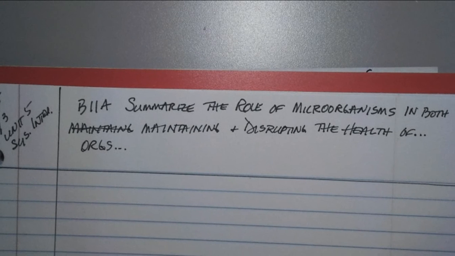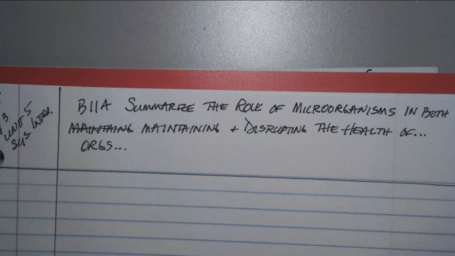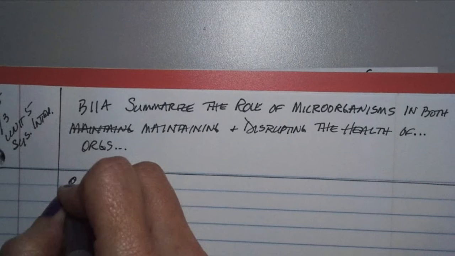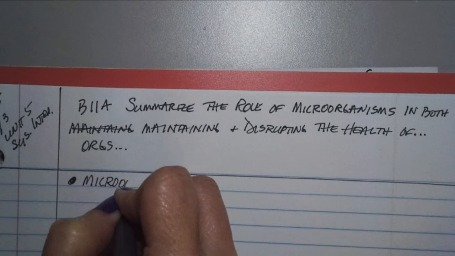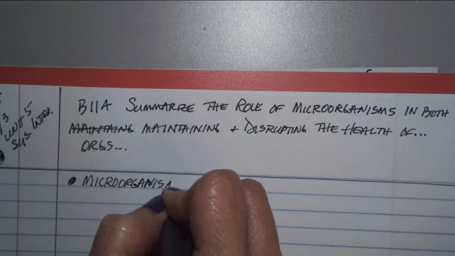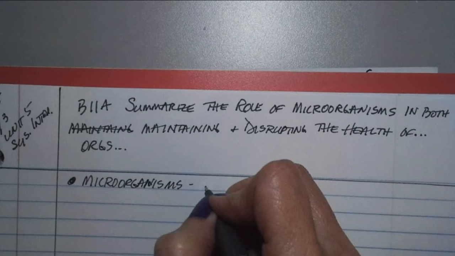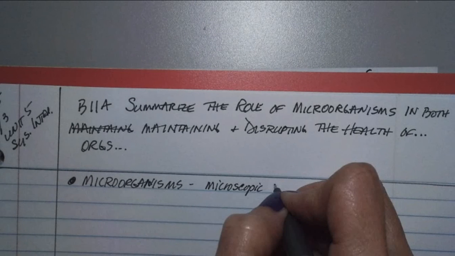So this is the one we're more familiar with. What you need to realize, though, first and foremost, is right here, microorganisms. And these are just microscopic. That's all it means. And the most common, you guys said, were bacteria.